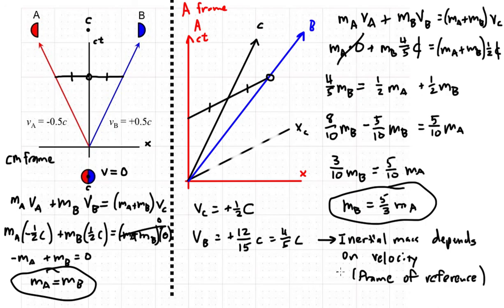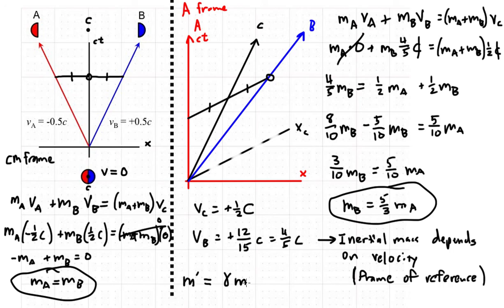It turns out that it follows a rule where m prime, the inertial mass of something in motion, equals gamma times its mass when it's at rest.